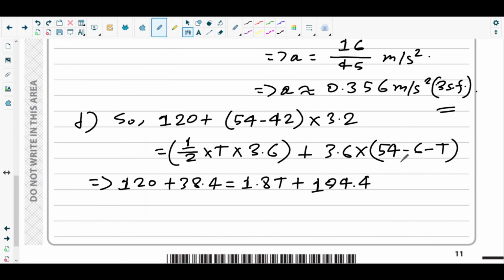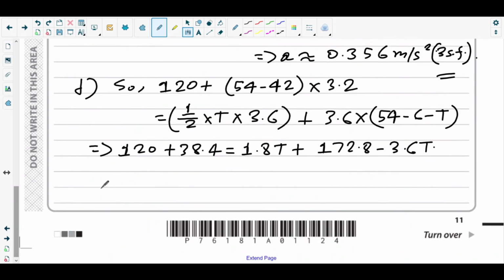Wait, 54 minus 6 is 48. Let's simplify it. 48 times 3.6 gives 172.8 minus 3.6t.